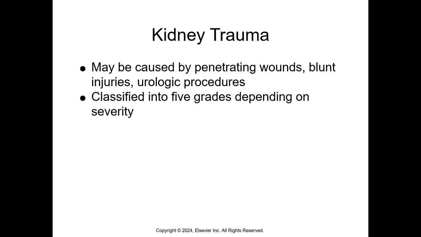Kidney trauma can be caused by penetrating wounds, being stabbed in the back, or by blunt injuries, for example, car wrecks or being hit as a pedestrian by a car. A CAT scan is needed, and we need to check the blood to see what's going on.